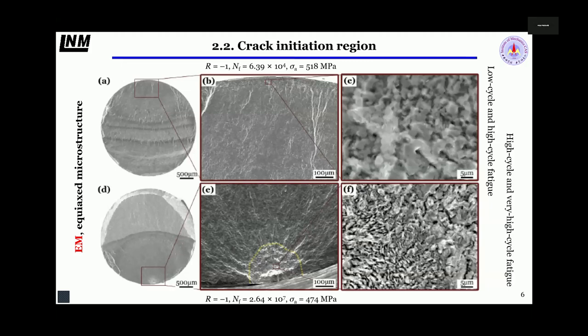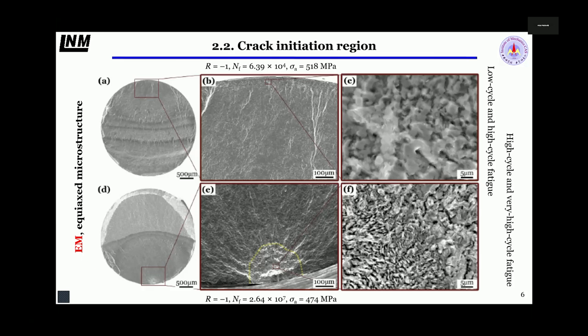And this figure is the fracture surface of titanium alloy with equiaxed microstructure. This one is for low cycle and not very high, just high cycle fatigue. This is quite low. You can see the fracture surface is just like this.